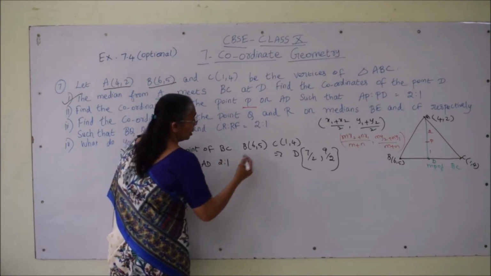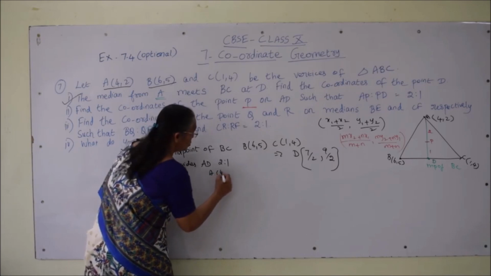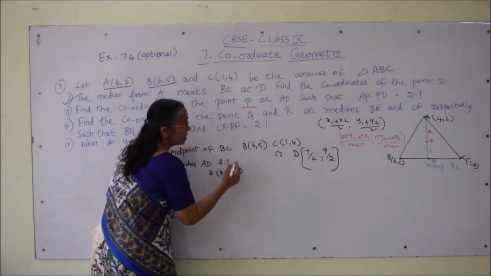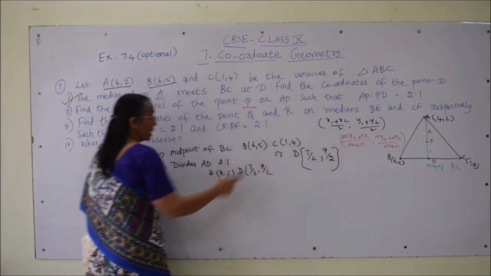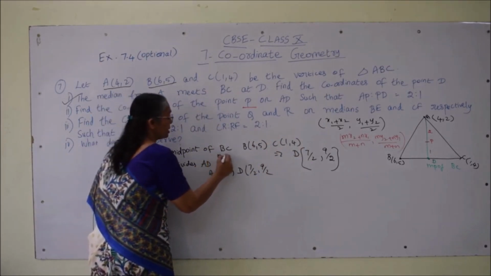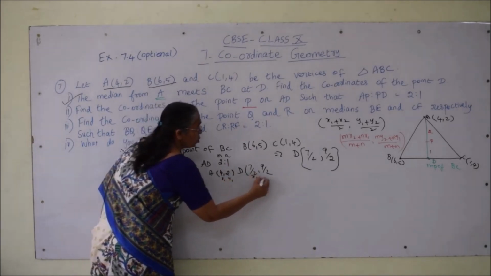So, what is the A vertex first? A vertex is (4, 2) and D vertex is (7/2, 9/2). With the ratio 2:1, this is m, this is n, and x1, y1, x2, y2.